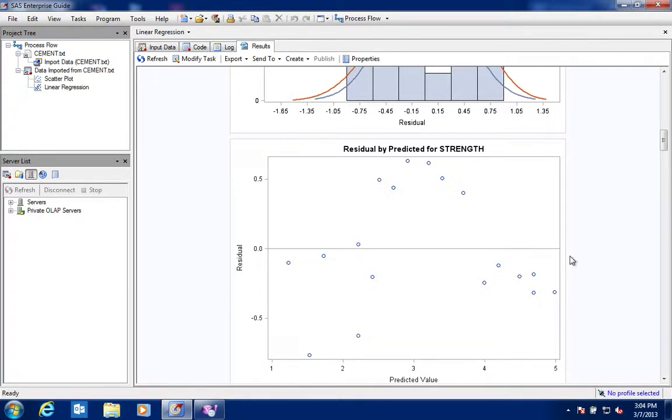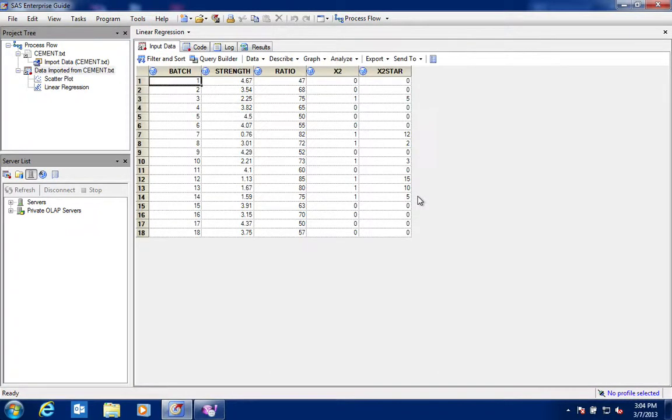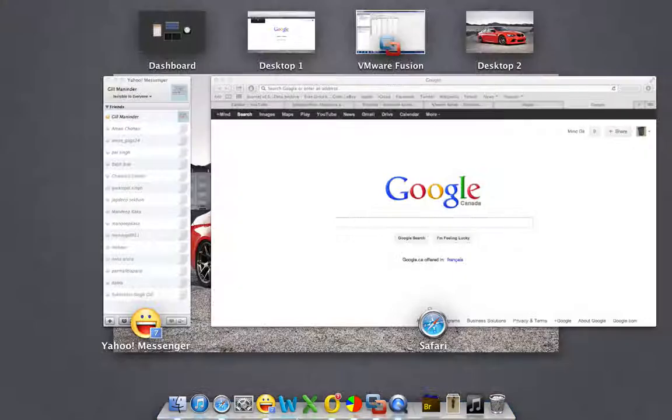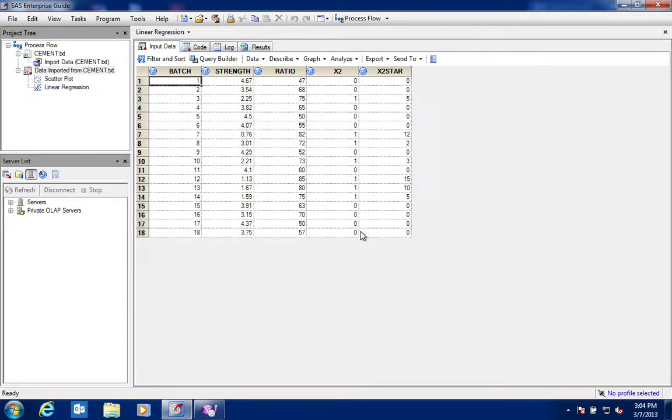There is some kind of trend where we have negative, positive, negative. That is a cluster, right? So it means that we cannot say that we have constancy of variance. And also you see a trend. You can refer to a curvature, concave downward, right? So it's not scattered around zero randomly, right? At random.